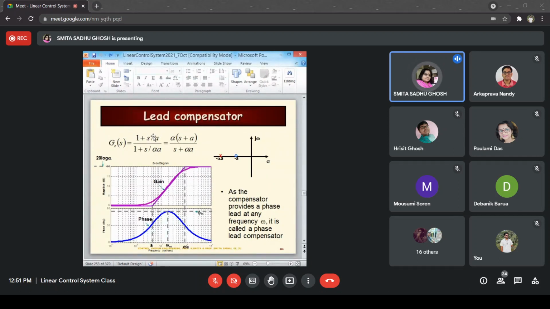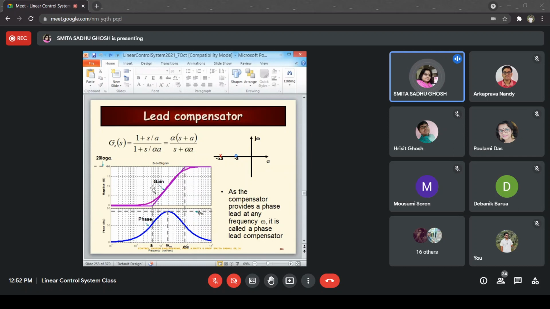So 1 by tau 1 is going to be the corner frequency. Over here you find that tau 1 is equal to 1 by a, so 1 by tau 1 will be equal to a. So a is the corner frequency corresponding to this zero. That is somewhere over here, let us say this one, marked over here.